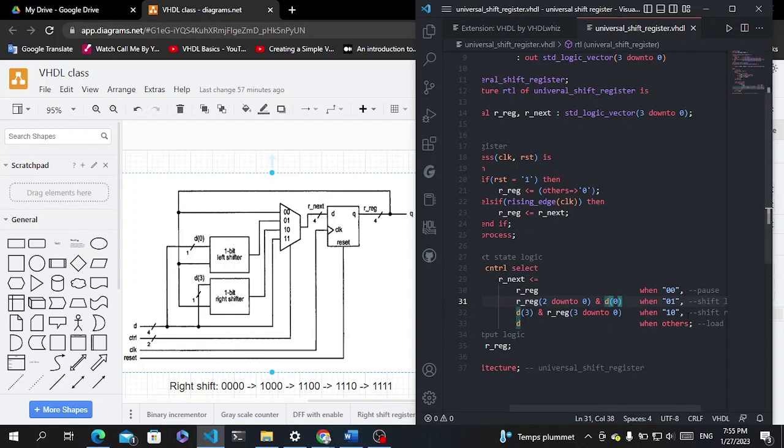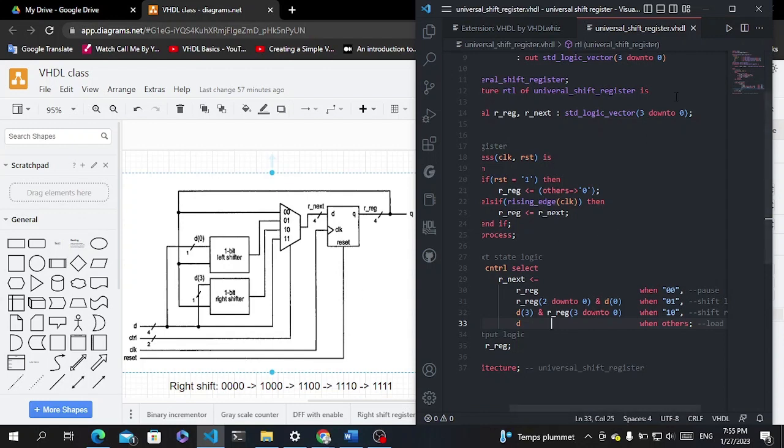And when we have shift right, which is at 1 0, we take our MSB, which is the most significant bit of our input D, and shift it to the right. And when we have 1 1, then we are on the load stage, where we are loading our input.